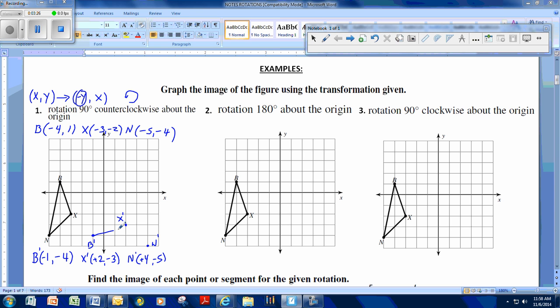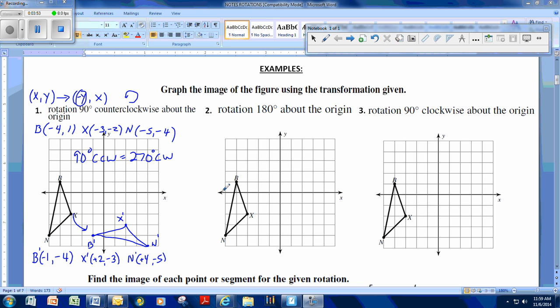When I connect those, you see that triangle has been rotated 90 degrees counterclockwise. Now keep in mind, 90 degrees counterclockwise is the same thing as 270 degrees clockwise. Same rule will apply.